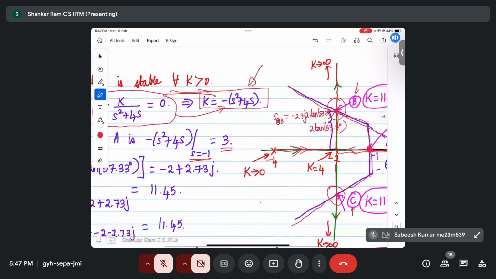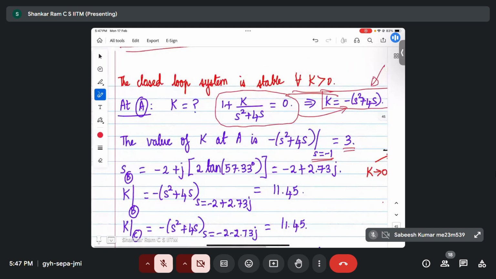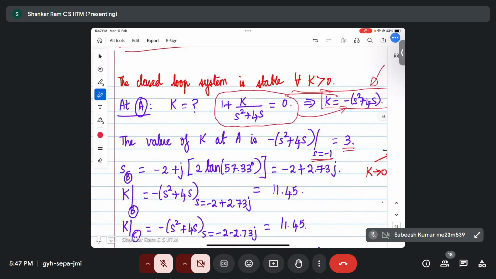So we go and find the value of S at B. Then we substitute that value of S into this equation for K. We get the value as 11.45. You may think, the value of S is complex, so how do we get a real number? But that's how it is, we get a real number for this.